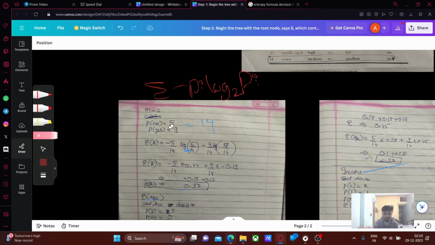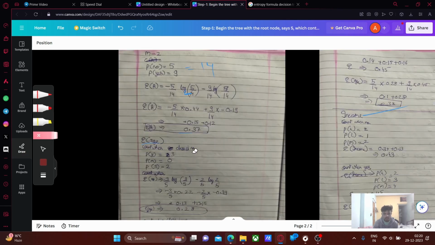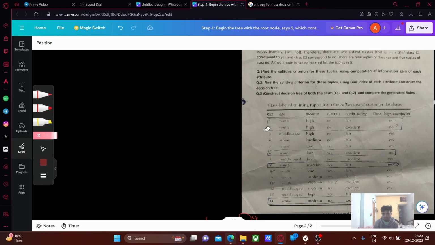There are 5 no cases and 9 yes cases. So our entropy before splitting will be minus 5 by 14 log base 2 5 by 14, minus 9 by 14 log base 2 9 by 14. Our entropy before splitting will be 0.37, and now we have to split it according to attributes.